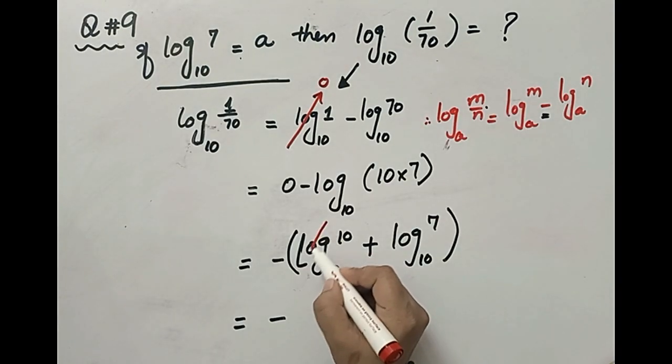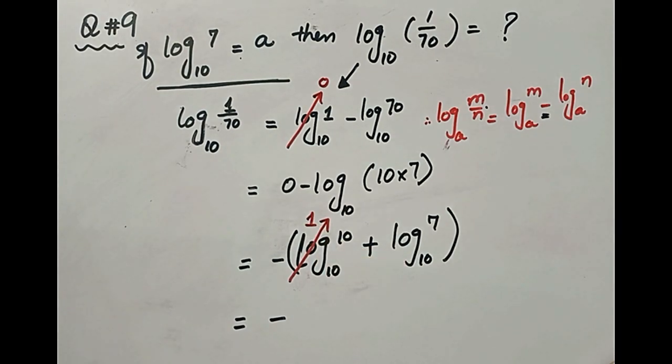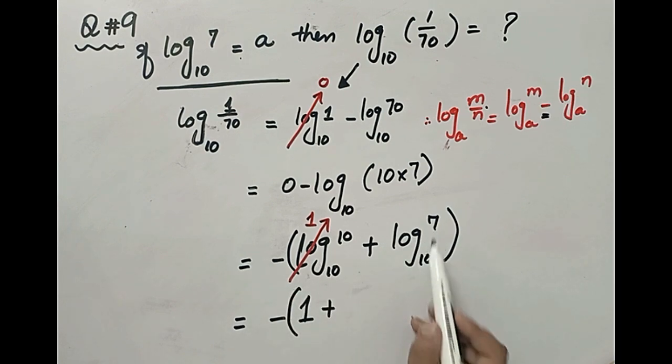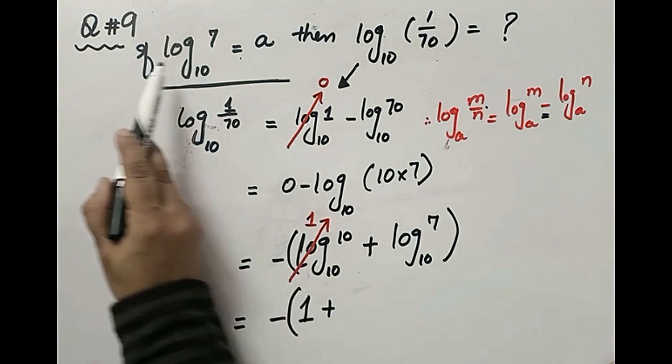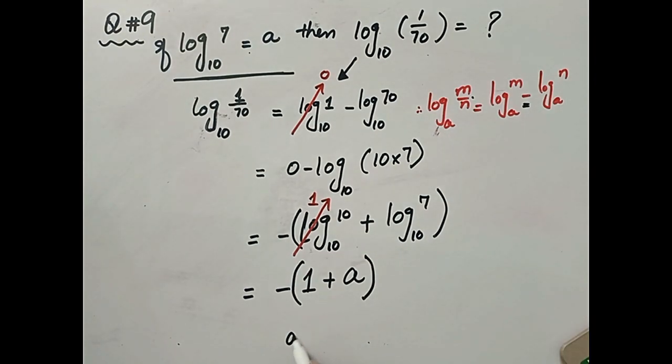When the base and the number are the same, that is equal to 1. So it will be minus, 1 plus log 7 to the base 10, which is already equal to a, that is given. So the correct option will be option A.